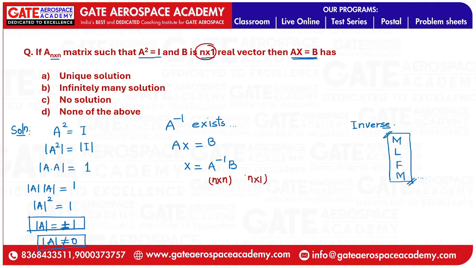You know very well how to multiply these two terms, n cross n and n cross 1, so you get the order n cross 1. Now, from here, just by seeing it, you are able to identify that this is nothing but a unique solution.